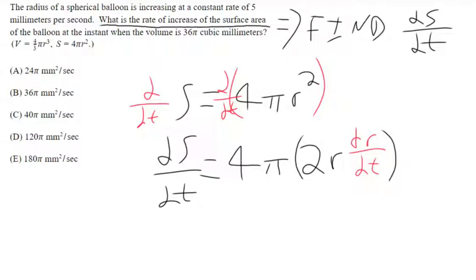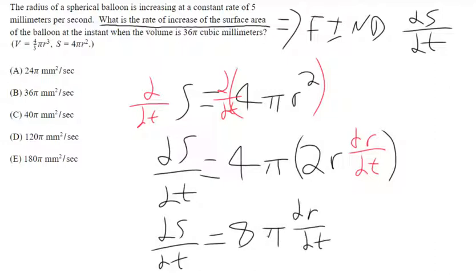Before we start substituting values, I'm going to simplify this a little bit. Know that dS/dt equals 4 times 2, which gives me 8 pi r dr/dt. Now we can start substituting in some values.